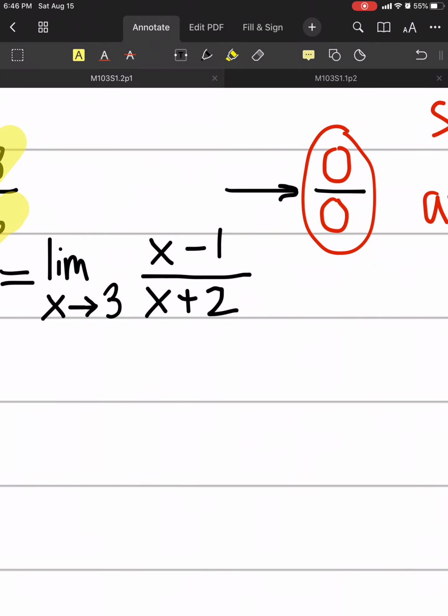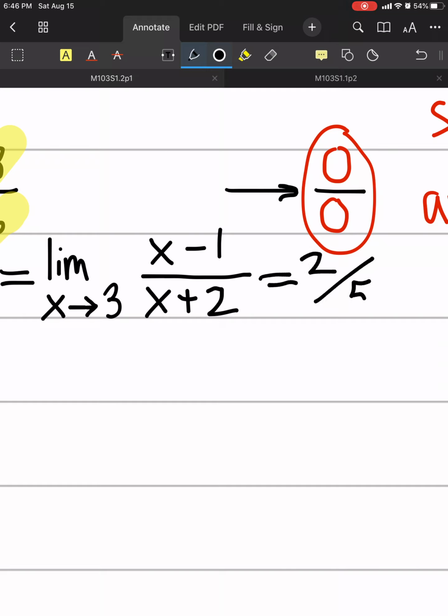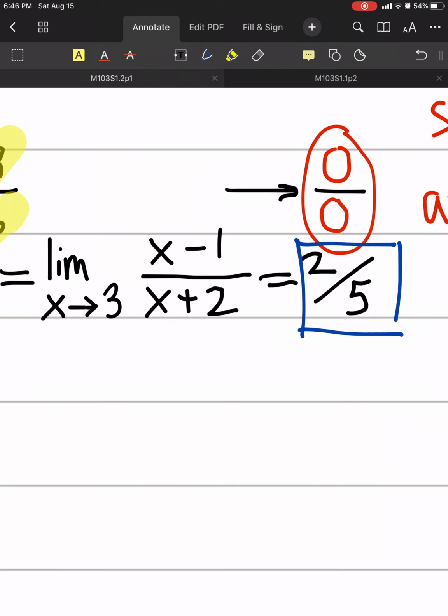We don't get a 0 on the bottom anymore. We just get a number. So 3 minus 1 gives us 2 on top. 3 plus 2 gives us a 5 on the bottom. That is our solution, 2/5 here.